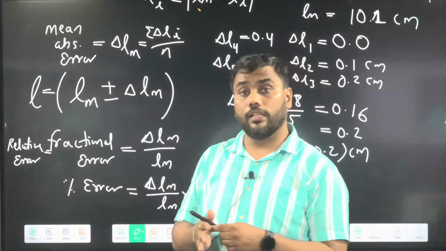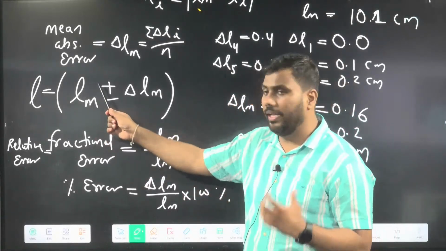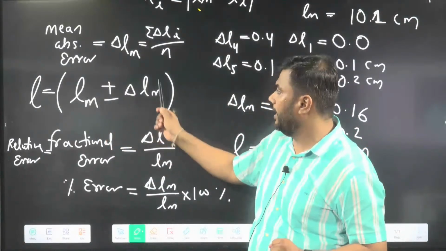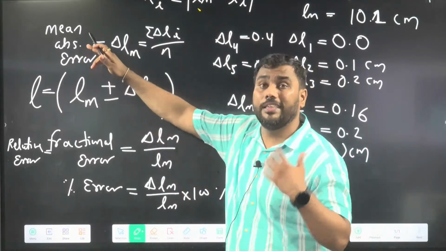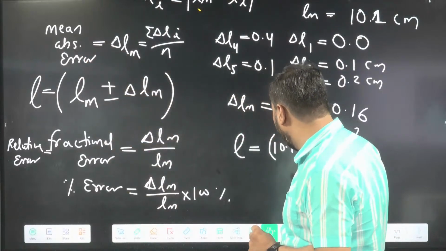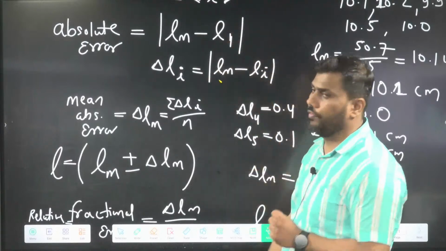To report the physical quantity with proper error, we will always report the mean value of physical quantity, which is the average of all the readings, plus or minus mean absolute error. What is this mean absolute error? It means average of absolute error. What is absolute error? It is the difference of every reading with mean value of physical quantity, and magnitude of that.